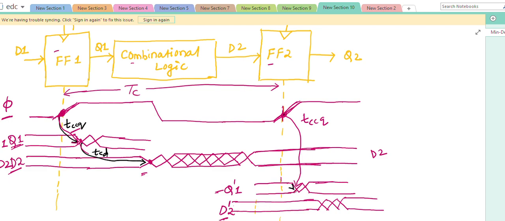It will take some delay, known as the contamination delay of the combinational logic circuit, and then the output D2 dash will start changing. This is known as TCD.